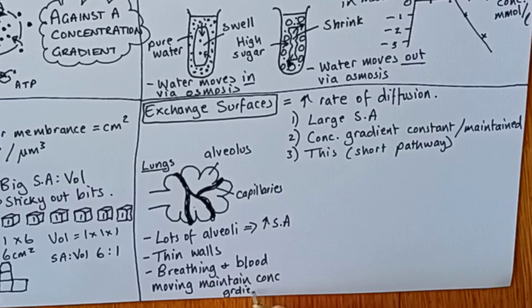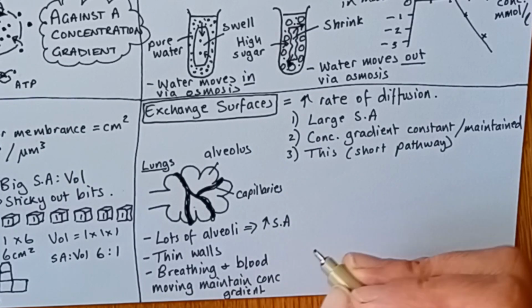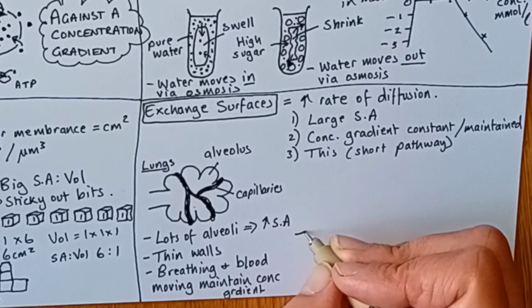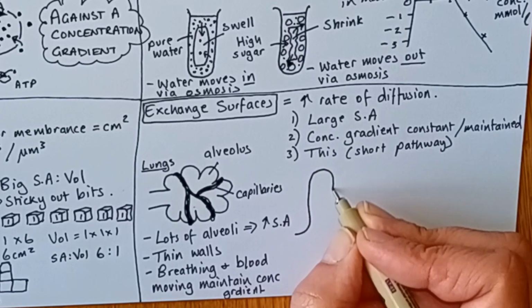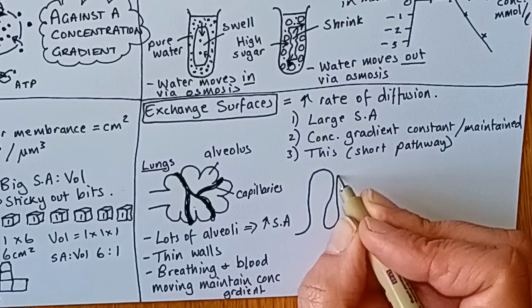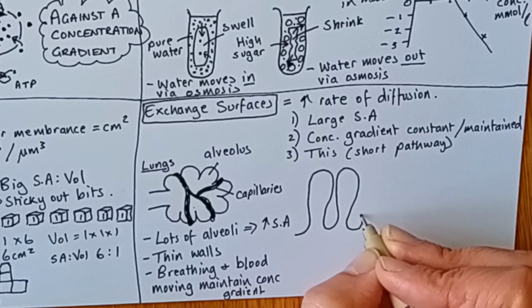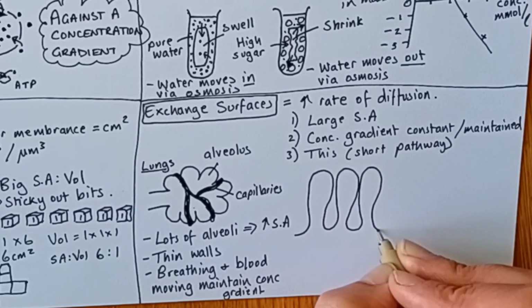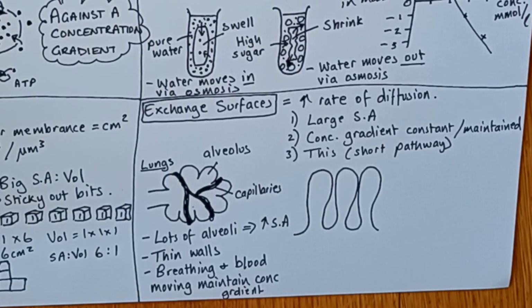Squeeze it in. All right. The next one then we're going to talk about is your intestines. And these have lots of villi. This time they're not microscopic. You can actually see them. It's a bit like looking at velvet.